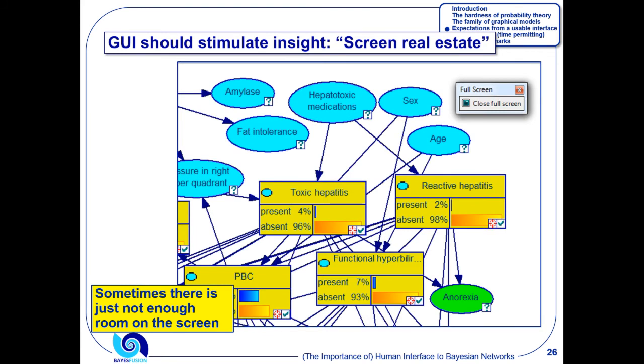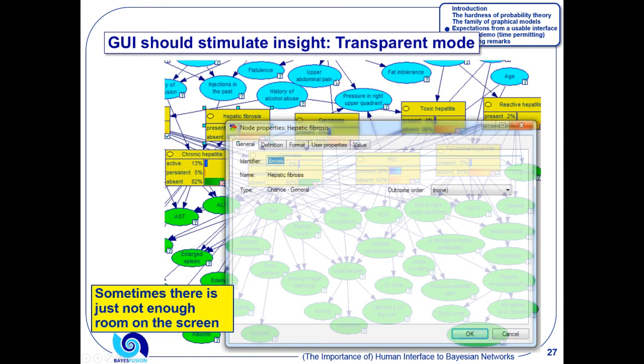Genie has also a full screen mode. If you use it, then there is nothing on the screen, just the model, just the graphical part of the model. There's also transparent mode. That is useful when increasing or decreasing the size doesn't help. Moving around this small window that is in the transparent mode still allows you to see what is under.